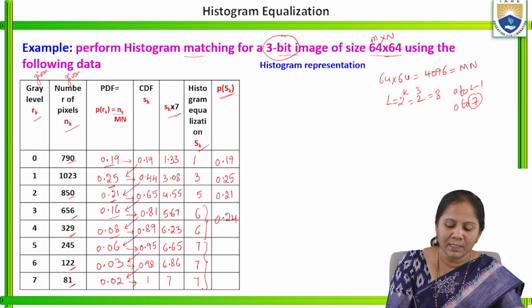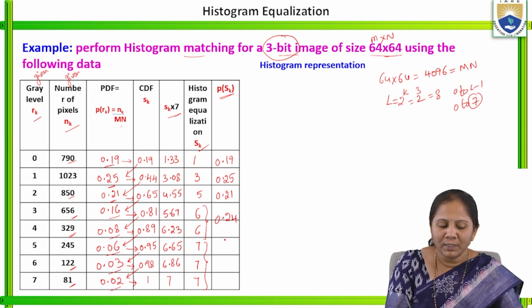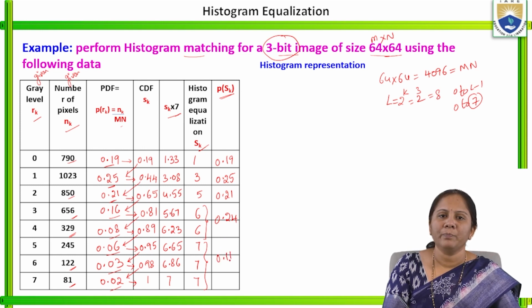Similarly, here 7 has occurred 3 times, and for this 7 we have 0.06 plus 0.03 plus 0.02. The value is 0.11.